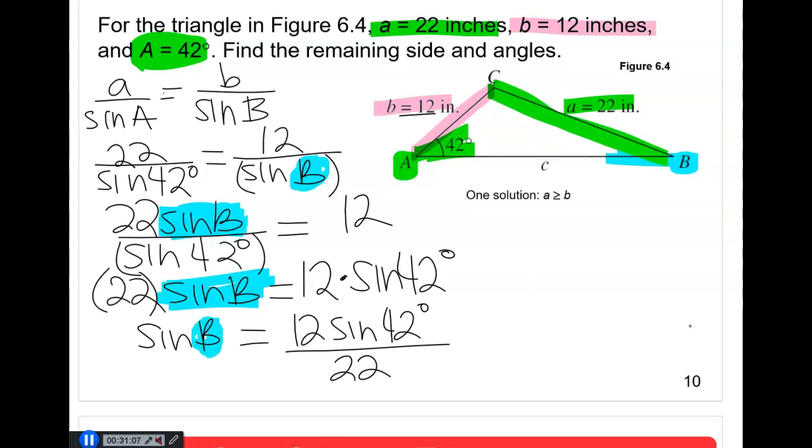So to solve for B, we are going to take the sine inverse on both sides. Of course, on the right side it is going to disappear or cancel out because they're inverse operations. So we're only concerned with what's happening on this side.